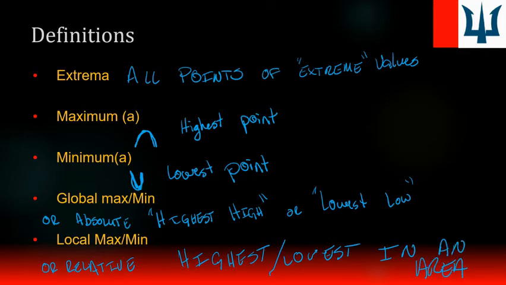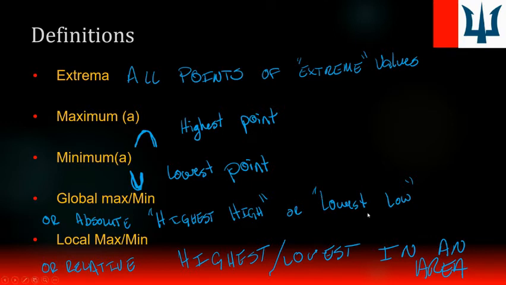Or what we call the neighborhood. So with this, your local max or min could be something like Denali. Denali is the highest peak in Alaska, but it's not the highest peak in the world. So it's a local max, but it's not a global max.